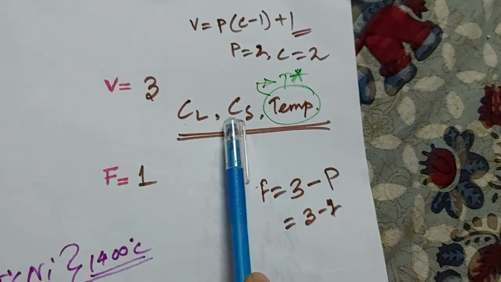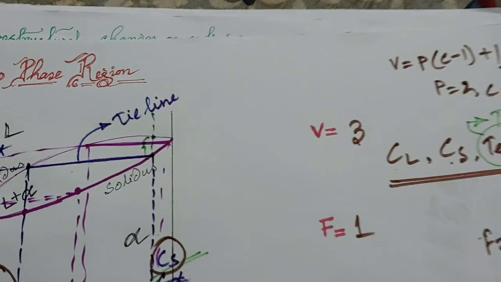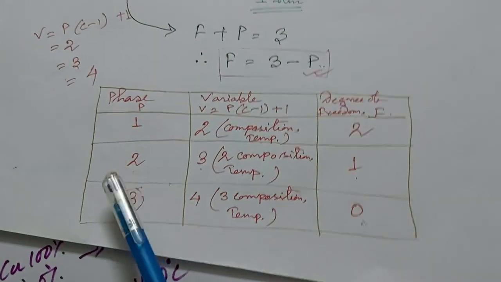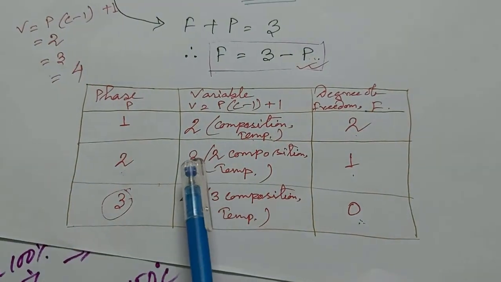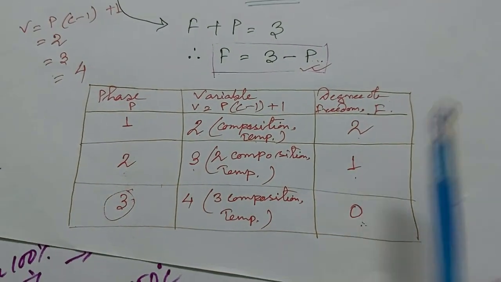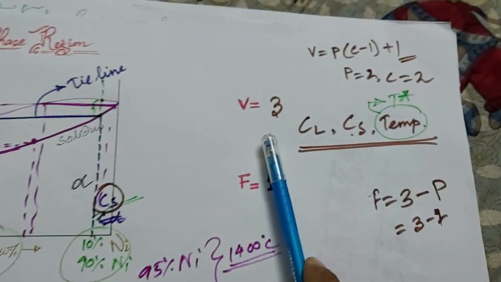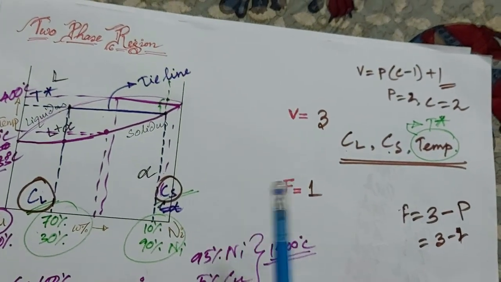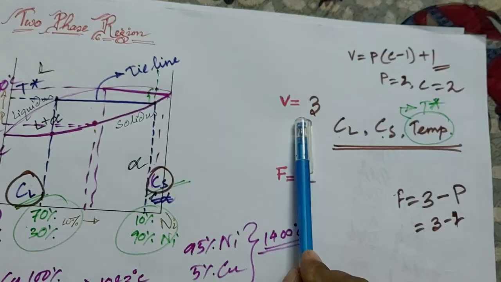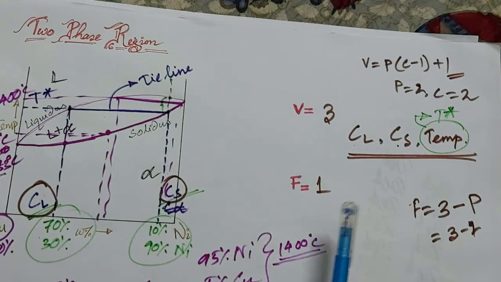Two composition variables, one temperature variable, and degree of freedom is equal to 1 for the two phase region. Here also we can see, if we take two phase region, variable will be 3 and degree of freedom will be 1.